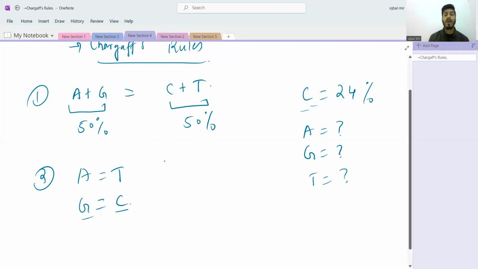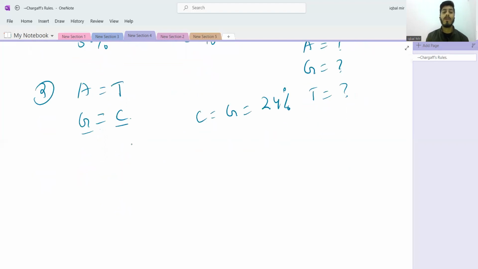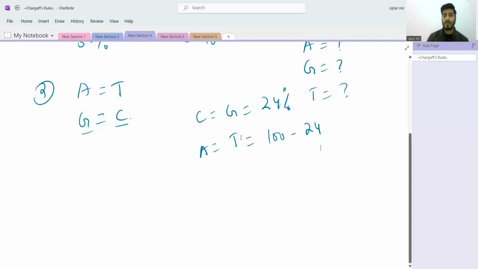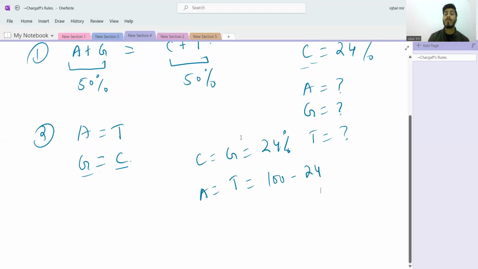So I will write here cytosine is equal to guanine is equal to 24%. So now what we have to determine? Adenine is equal to thymine is equal to 100 minus 24. Sorry, it will become 48 actually, 24 and 24.